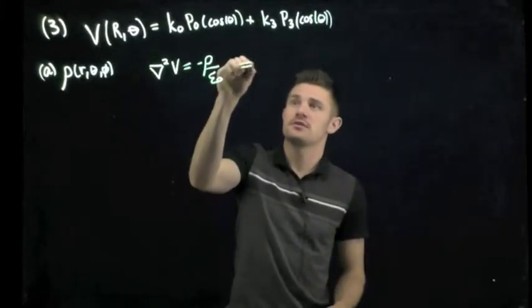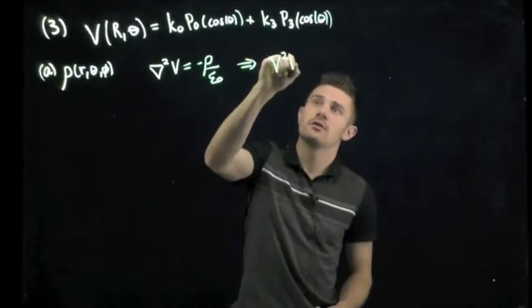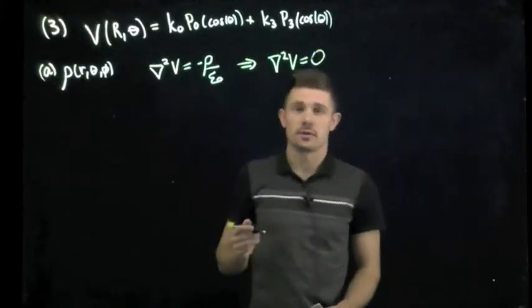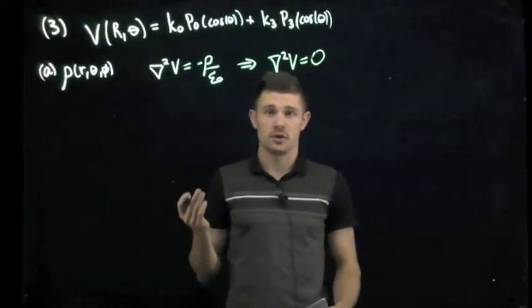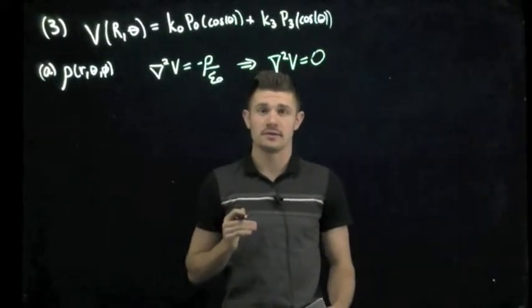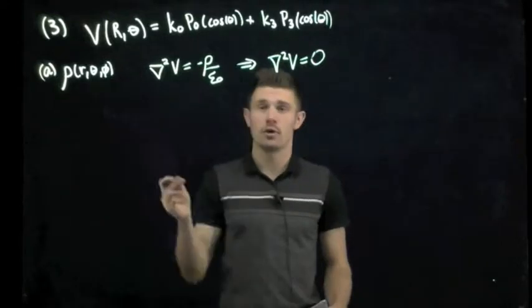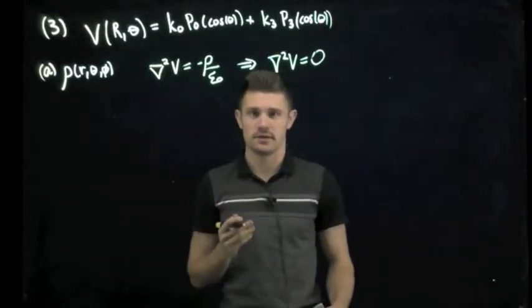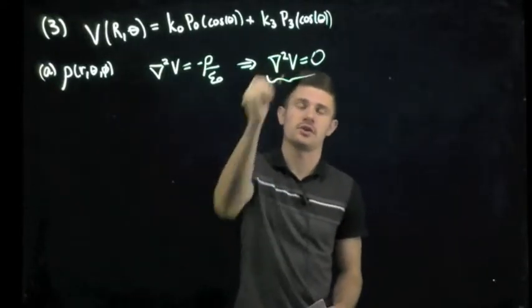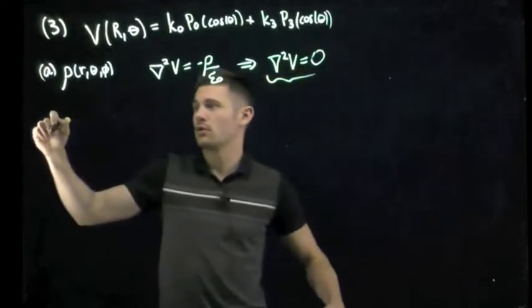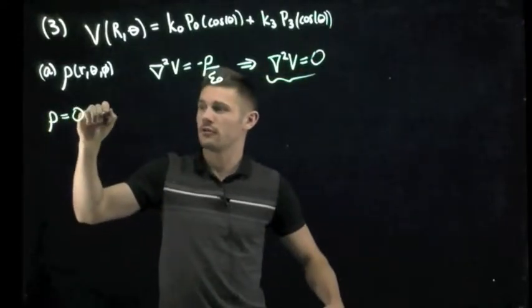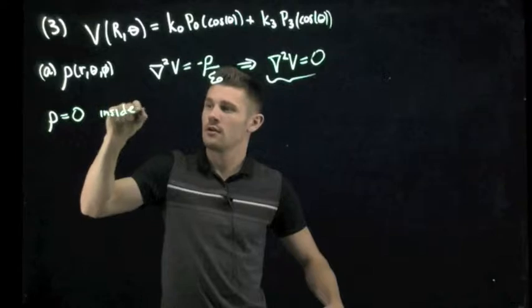And this turns into Laplace's equation when rho is equal to 0. So if Laplace's equation holds inside and outside the sphere, that means that the charge density rho must be 0 inside and outside the sphere in order for Laplace's equation to have this form. So rho is equal to 0 for inside and outside.